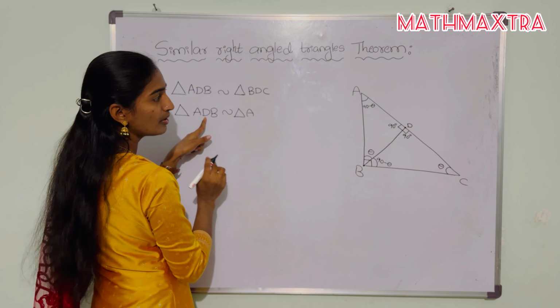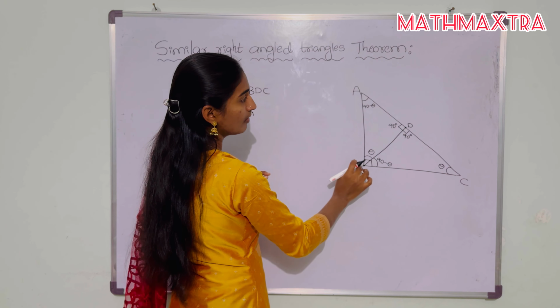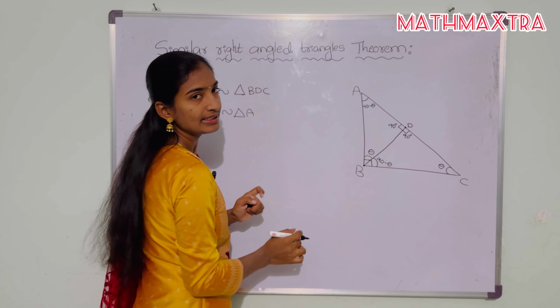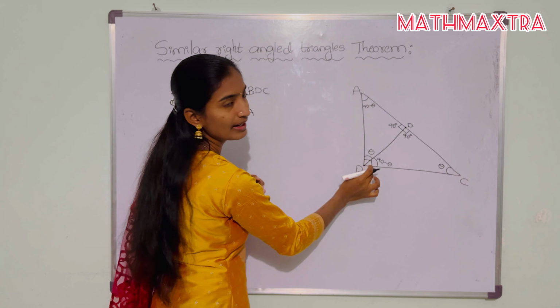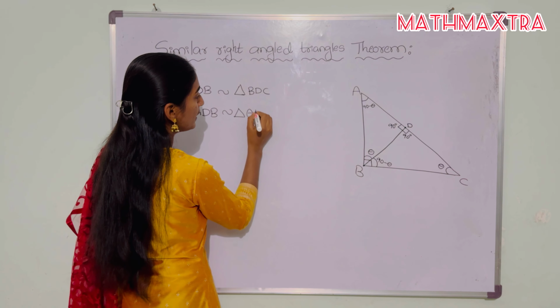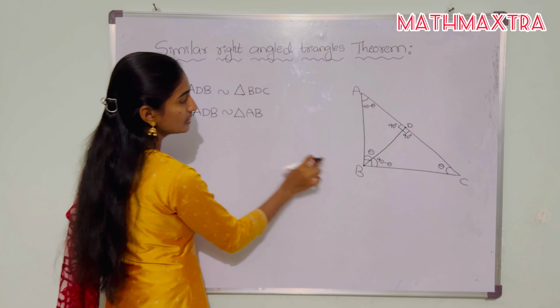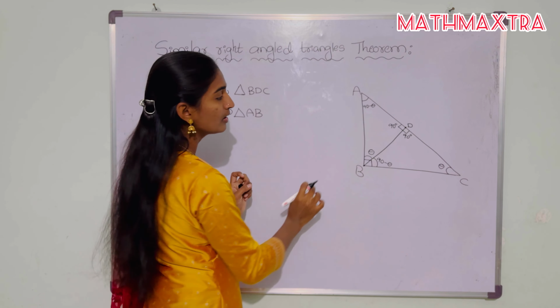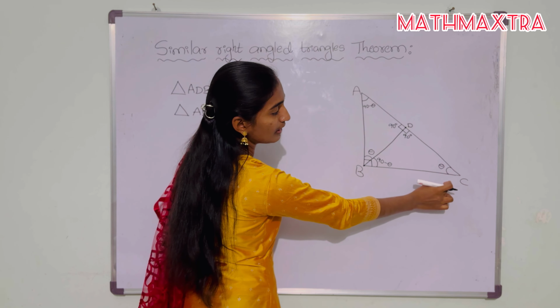What is the measurement of angle D? It is 90 degrees in this triangle. Where is the 90 degree angle in the larger triangle ABC? It is B, so at vertex B it is 90 degrees. So you write B here. Similarly, check angle B. It measures theta. Which angle in the larger triangle measures theta?